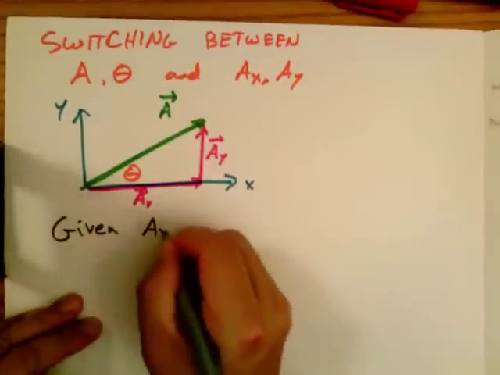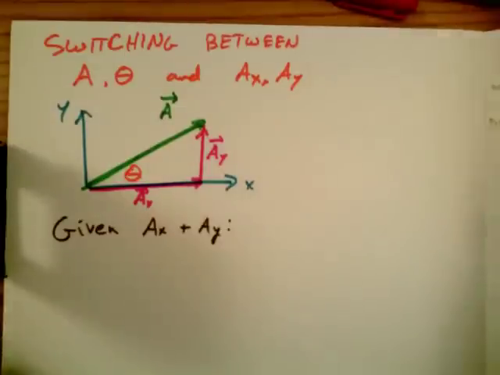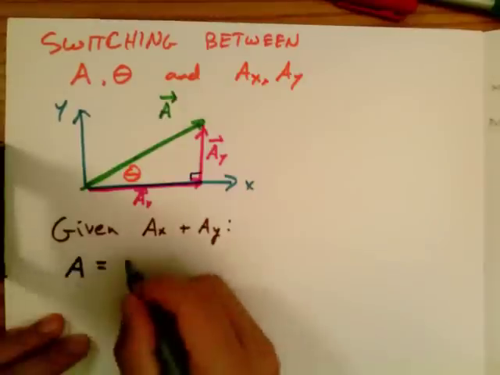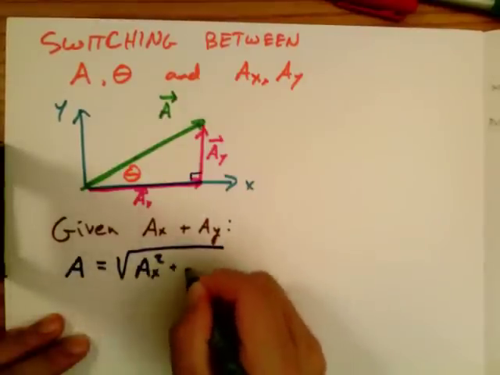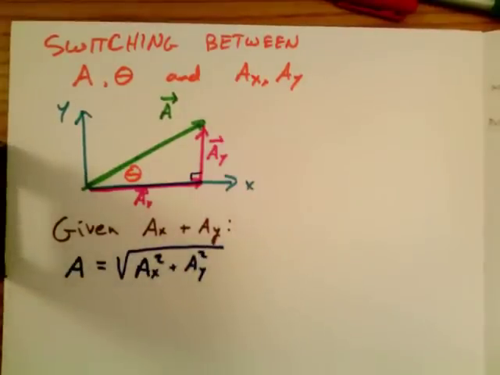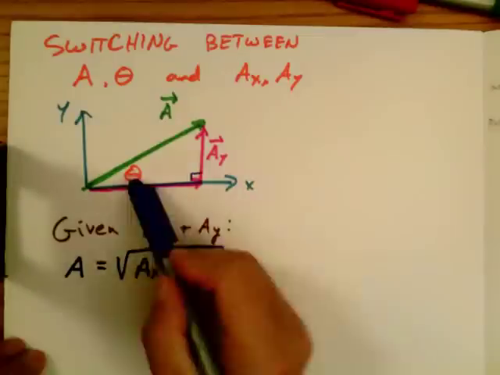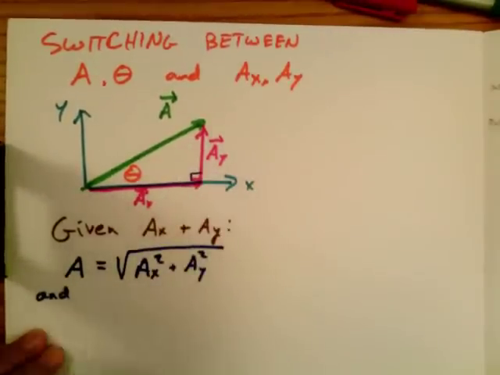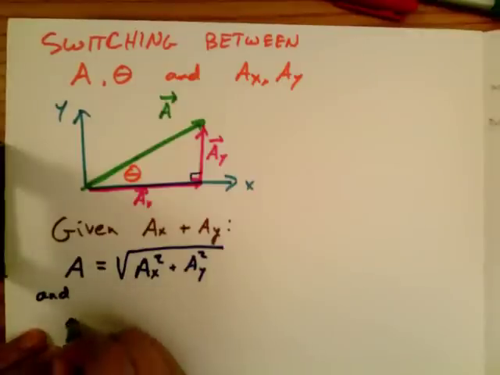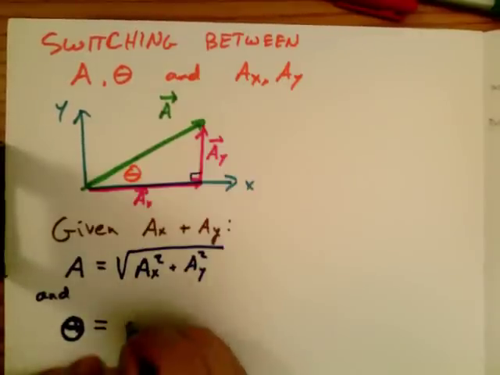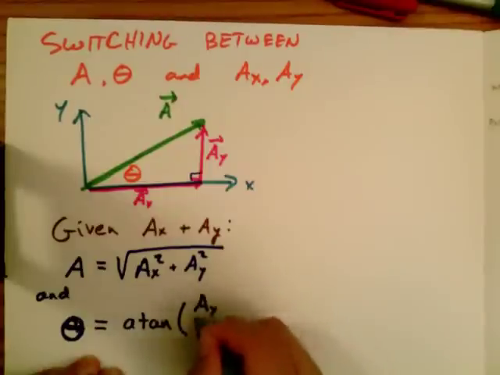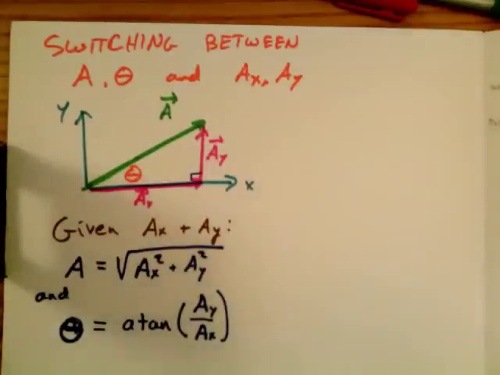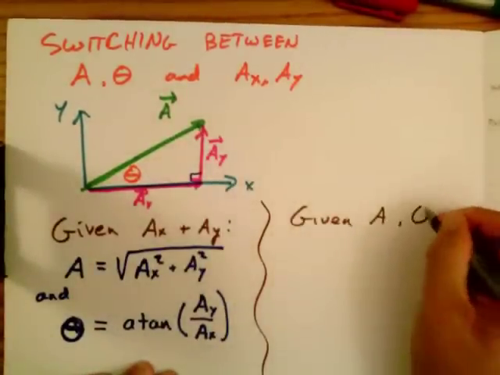Given A sub x and A sub y corresponding to the lengths of the 2 sides of that triangle at a right angle, I can just use the Pythagorean theorem to write down the magnitude of the length of vector A. A is equal to the square root of A_x squared plus A_y squared. Again, no vector symbols. These are all numbers here. And likewise, to get theta, I just use trigonometry. I just take the arctangent of A_y over A_x, the opposite over the adjacent, and that gives me the tangent of theta. So I take the arctangent.